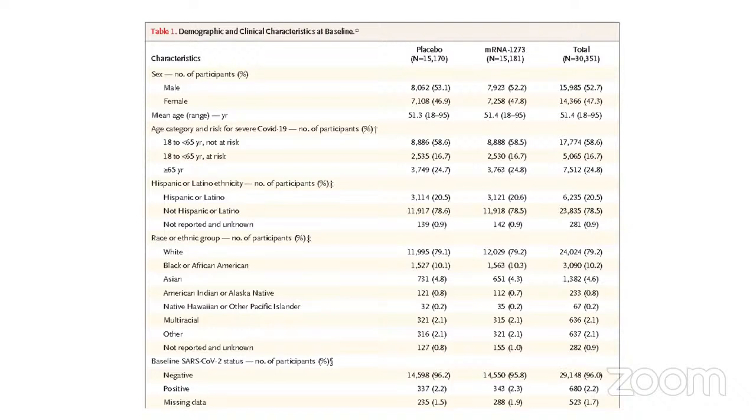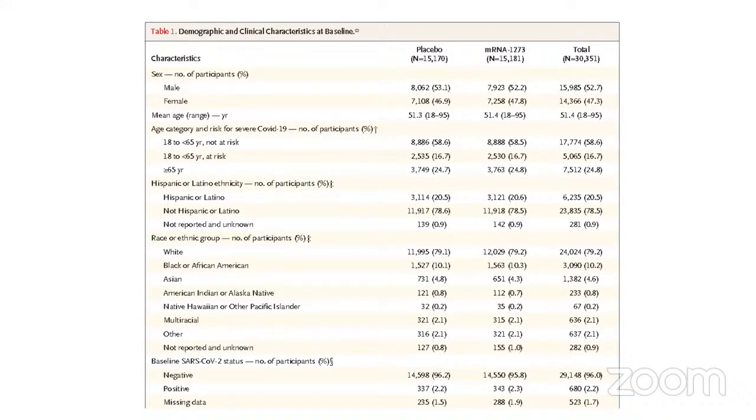For example, here there were 8,062 males in the placebo group and 7,923 males in the mRNA group. Not just going through each of these, but more importantly, look at pivotal points which can influence your outcome. For example, the baseline SARS-CoV-2 status, whether it is positive or negative, is very important for the outcome of this study.